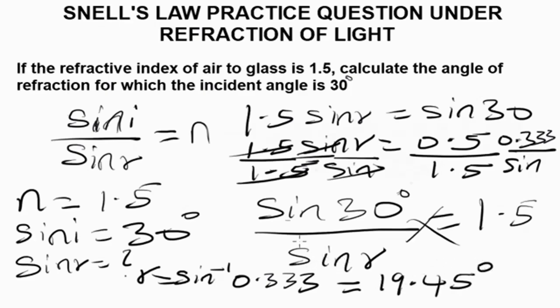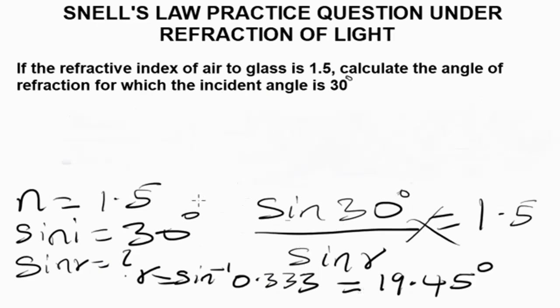Note in this question, the refractive index is from air to glass, that's from a less dense medium to a denser medium. Now if the question came like this, the refractive index from glass to air, that's from denser to less dense medium, because glass is denser than air, the calculation would have been different.